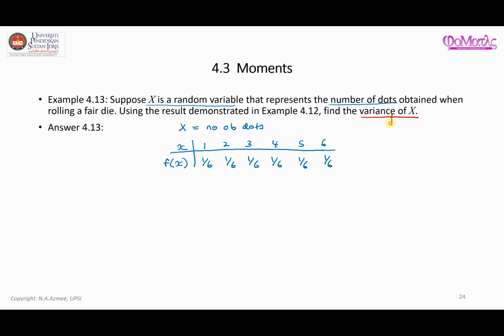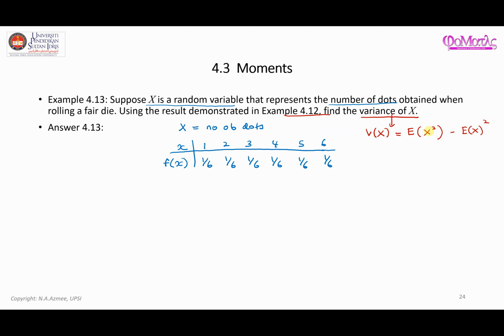We know from the previous example that the variance of x can be obtained as the expected value of x squared minus E(x) squared, so minus the mean squared. There's a difference in operation involved here.